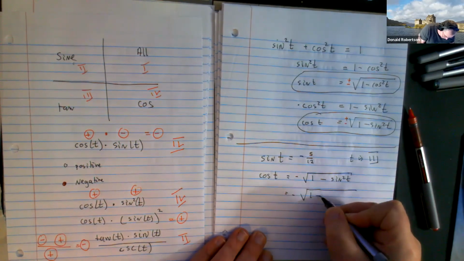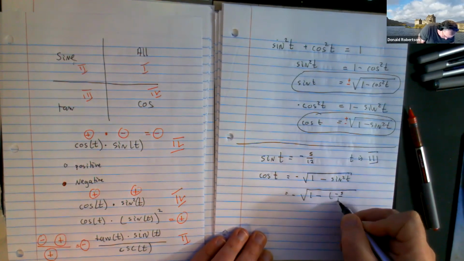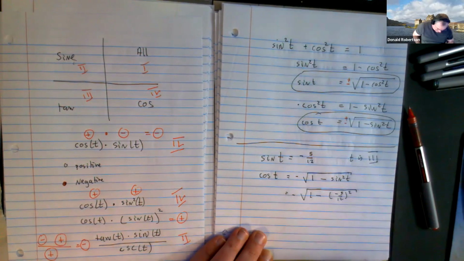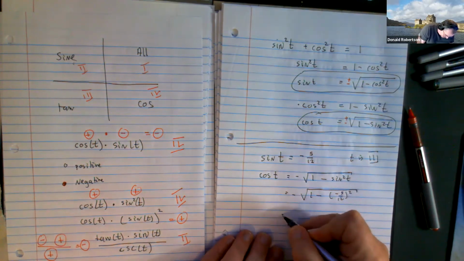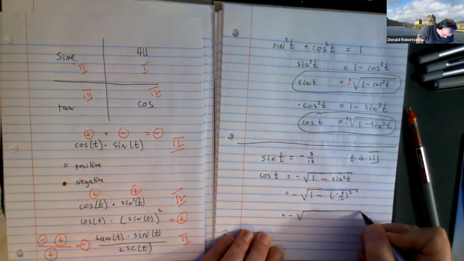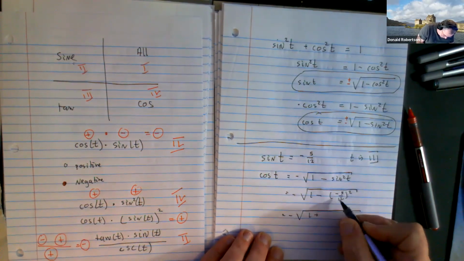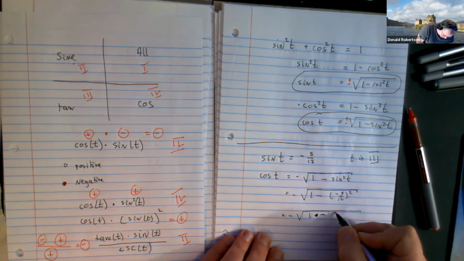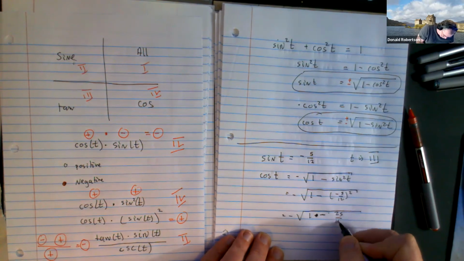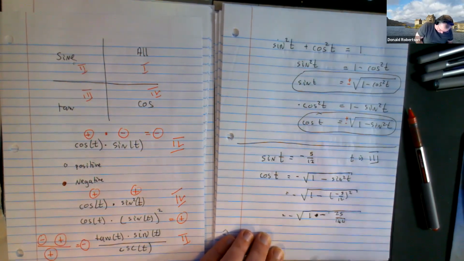And now it gets a bit messy, but here goes. It's 1 take away the sine squared. You happy about the sine of t squared being this guy squared? And it's negative the square root of 1 subtract 25/144s.